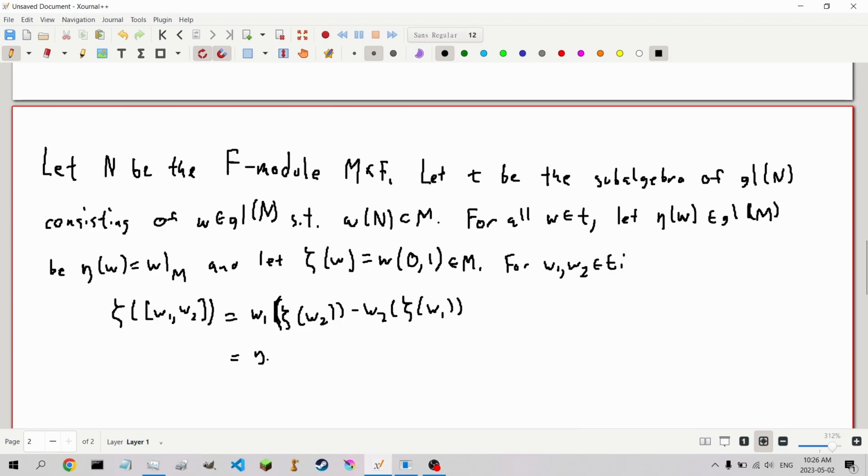Eta of W1 evaluated on eta of W2 minus eta of W2 evaluated on eta of W1. Sorry, get rid of that period because those are notationally important.